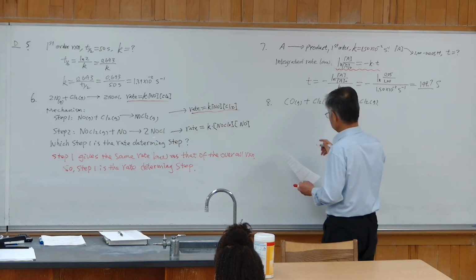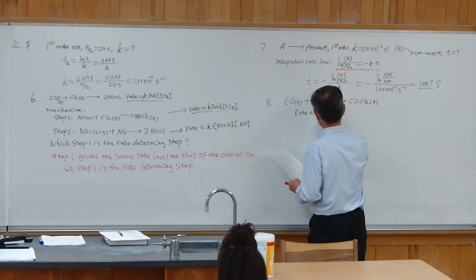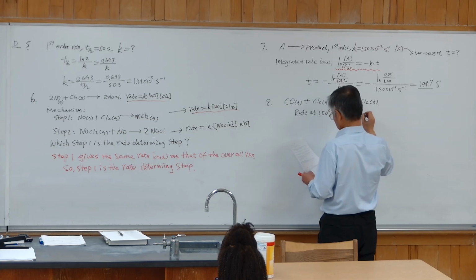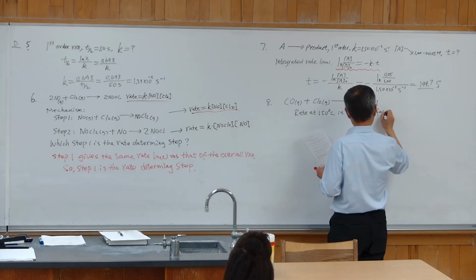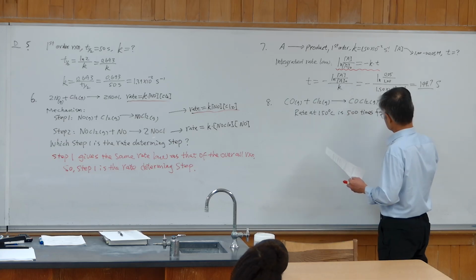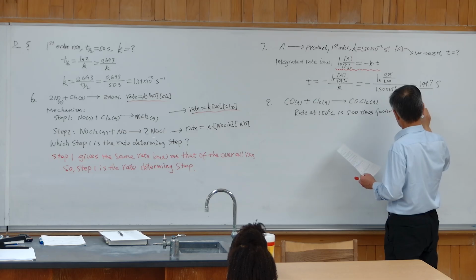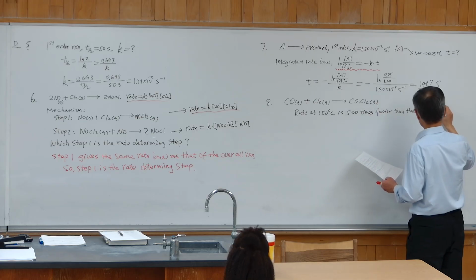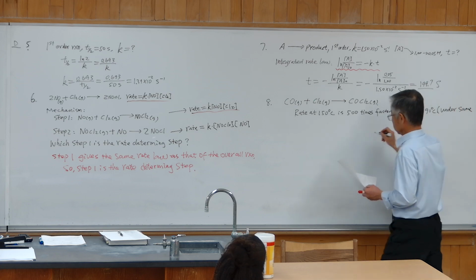The reaction rate at 150 degrees Celsius is 500 times faster than that at 90 degrees Celsius. Of course, under the same concentration.